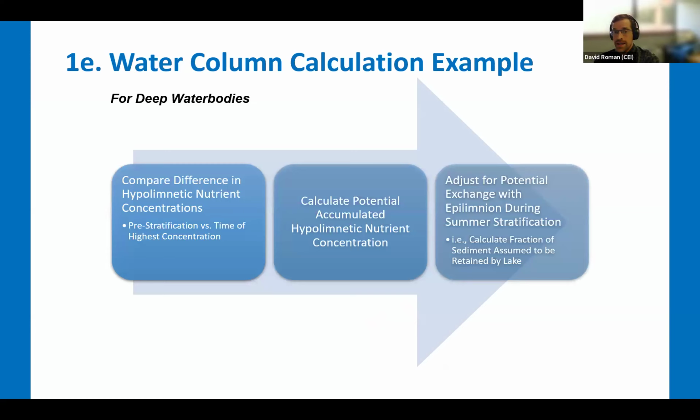So essentially at the beginning of the growing season, and then towards the end of the growing season, once the water quality starts to get worse, you can do some calculations to come up with what the estimated internal load is.